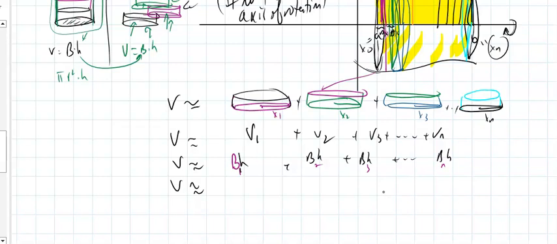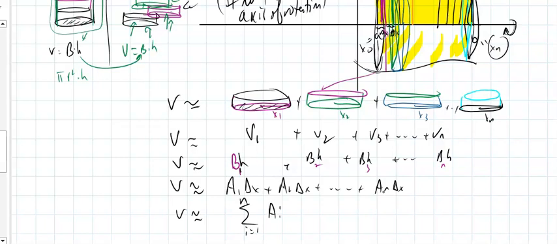So isn't area of the base, can't I say volume is roughly the sum from i equals 1 to n of A sub i dx?